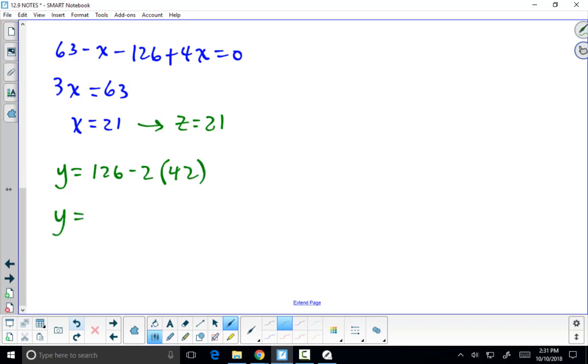So y will equal 84. What's that, 44? No, that doesn't seem right. No, it's 42? 42, thank you. All right, 42. So that means the dimensions of the box are 21.